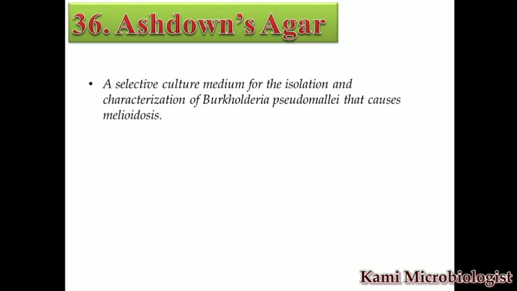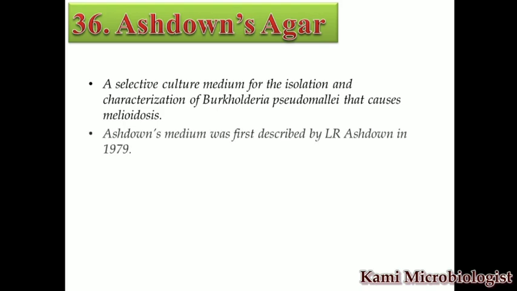So what is actually Ashdown's Agar? Ashdown's Agar is a selective media which is specially used for the isolation and characterization of a bacteria which we call Burkholderia. This is a type of bacteria that can cause melioidosis. It's a type of disease.